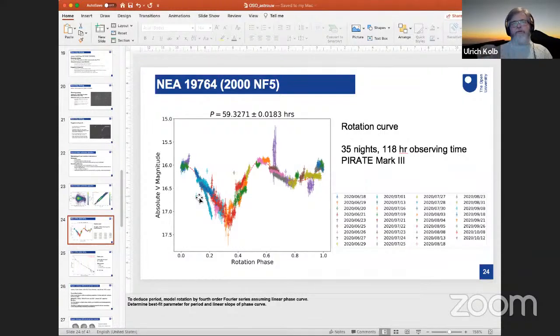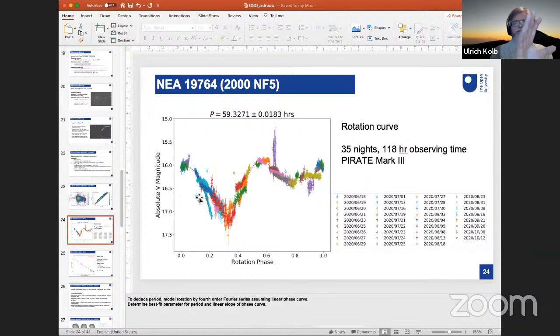Because the viewing geometry changes, you can't simply compare the different branches of the rotation curve to each other, because you look slightly differently at the asteroid and the orientation of the rotation axis. So there ought to be a compensation of the viewing geometry, even in this plot, which at the time I don't think was done, or if it was, only in a simplified way.